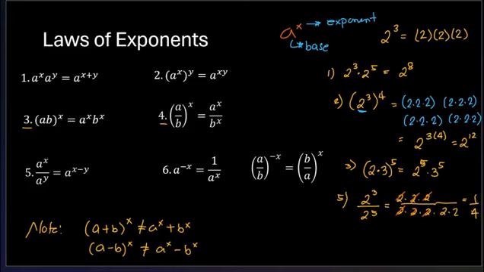Now, how do we apply the formula? If we apply this formula, you'd get 3 minus 5, right? And this is 2 to the negative 2. So how did it become 1/4? Here, number 6: when a base is raised to a negative exponent, there's no meaning for this, so you cannot solve for this right away.